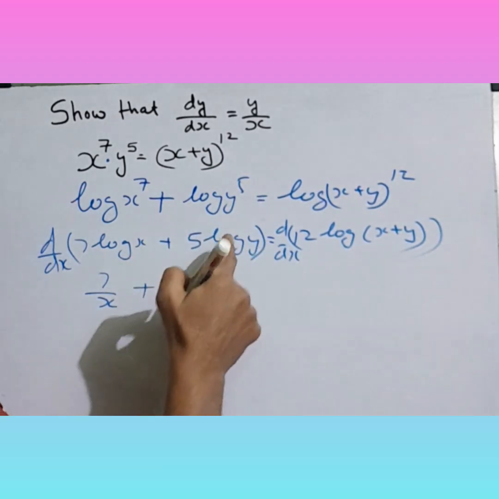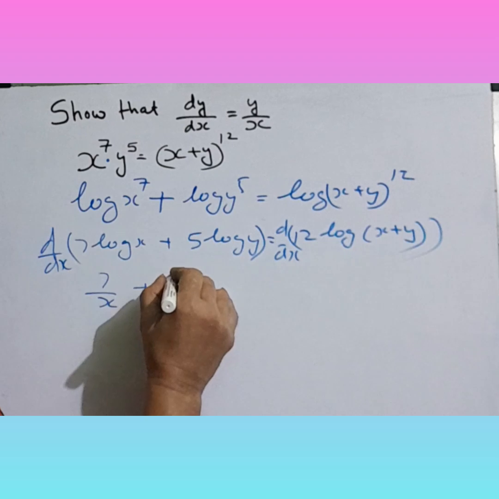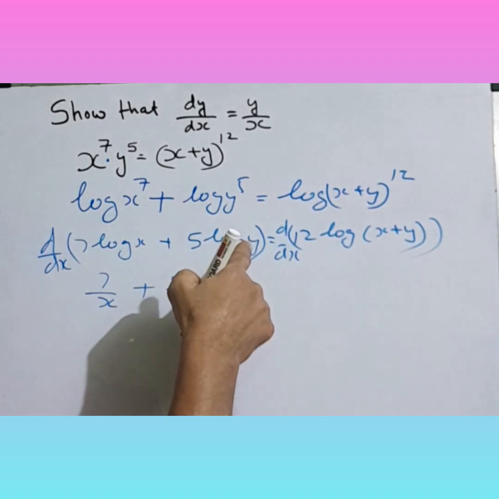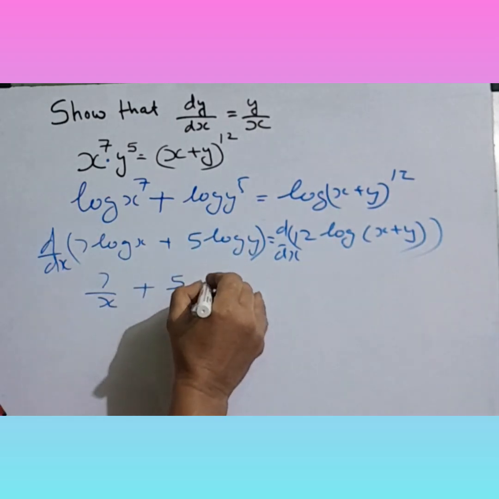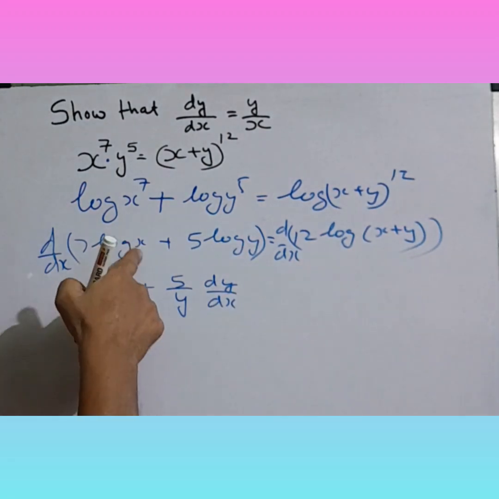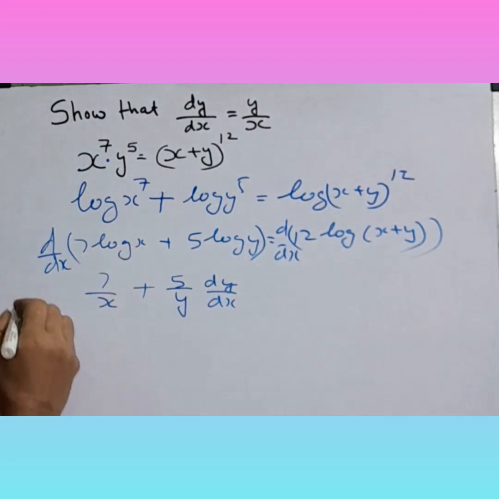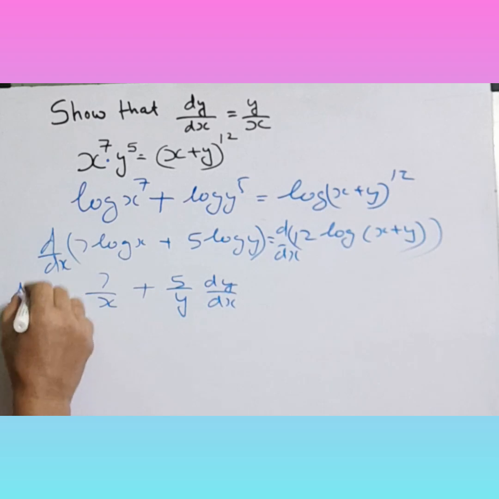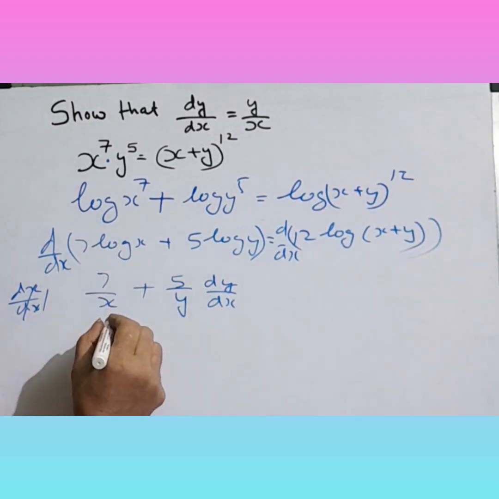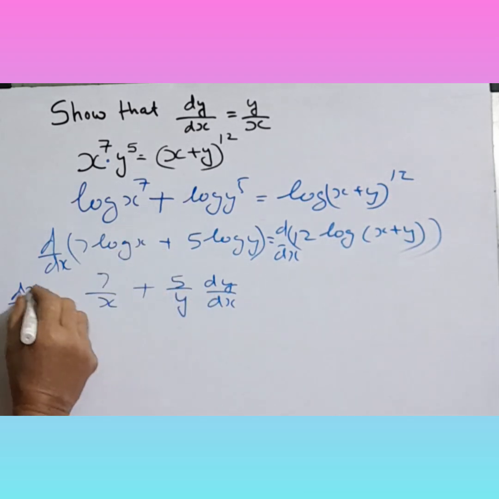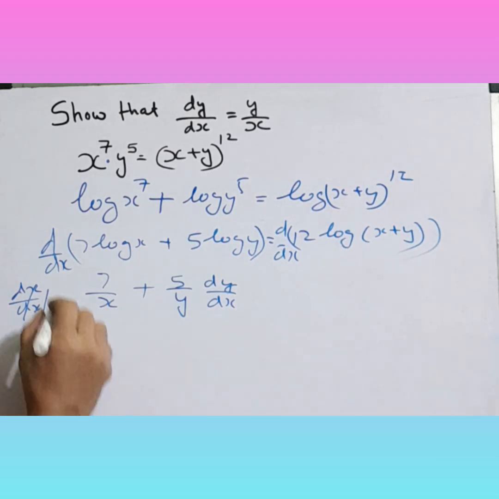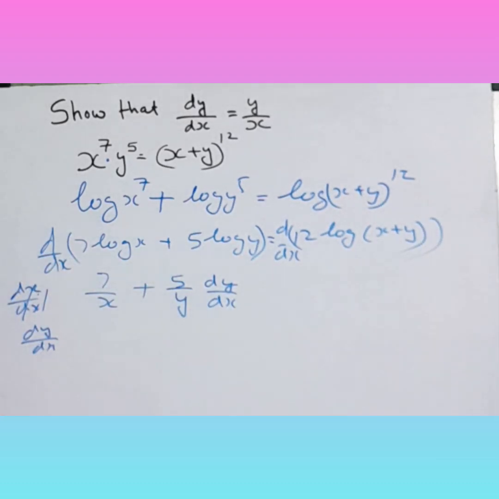Log y gives 1 by y, so 5 by y, but on chain rule you do d by dx of y, so dy by dx is what you are left with. Whereas here, with chain rule, it was dx by dx, so it became 1. So it remains 7 by x plus 5 by y dy by dx. This x part was explicit, whereas dy by dx is implicit, which I explained in my earlier video.